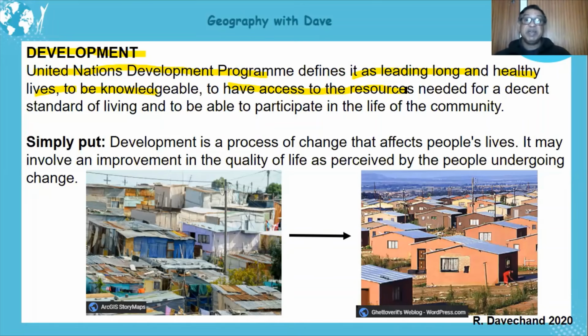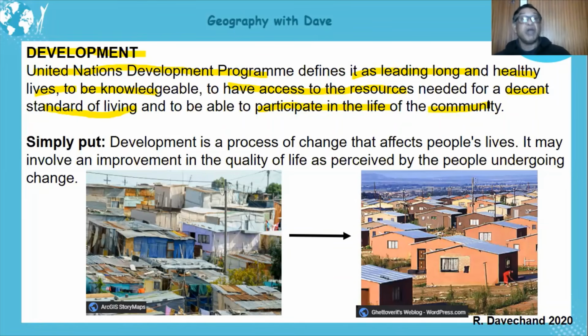All these things to have a decent standard of living, to live comfortably and be able to participate actively in the life of the community. So it includes all that in terms of the quality of life of a person.